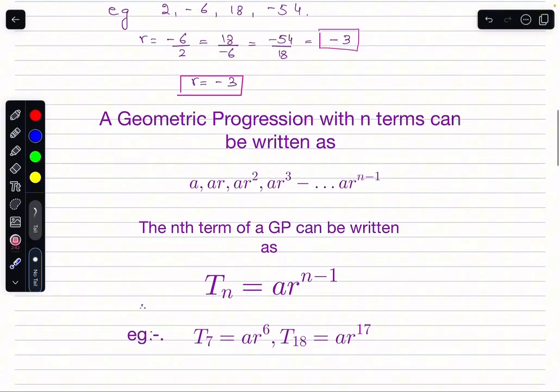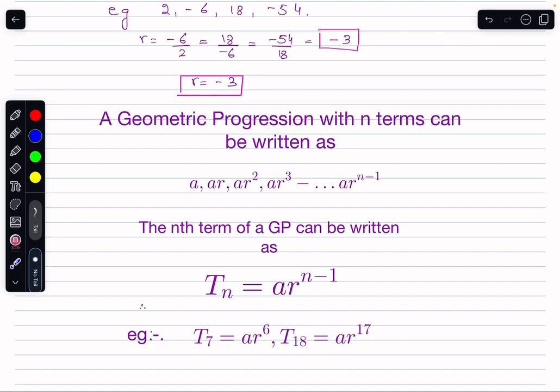A geometric progression with n terms can be written with respect to the first term, which is a, and the common ratio r, as a, ar, ar square, ar cube, and so on till ar to the power n minus 1.